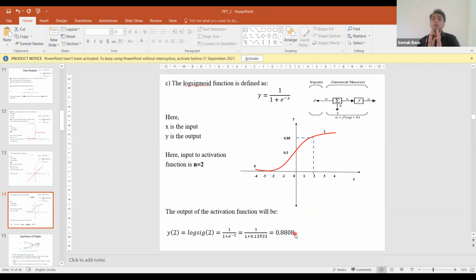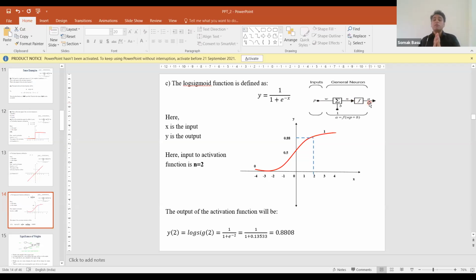So what is the important takeaway? P is the input to the neuron, W is the weight, B is the bias. Based on the values of P, W, and B, you can calculate the input to the activation function, and based on the input to the activation function and the activation function itself, you can calculate the output of the activation function.